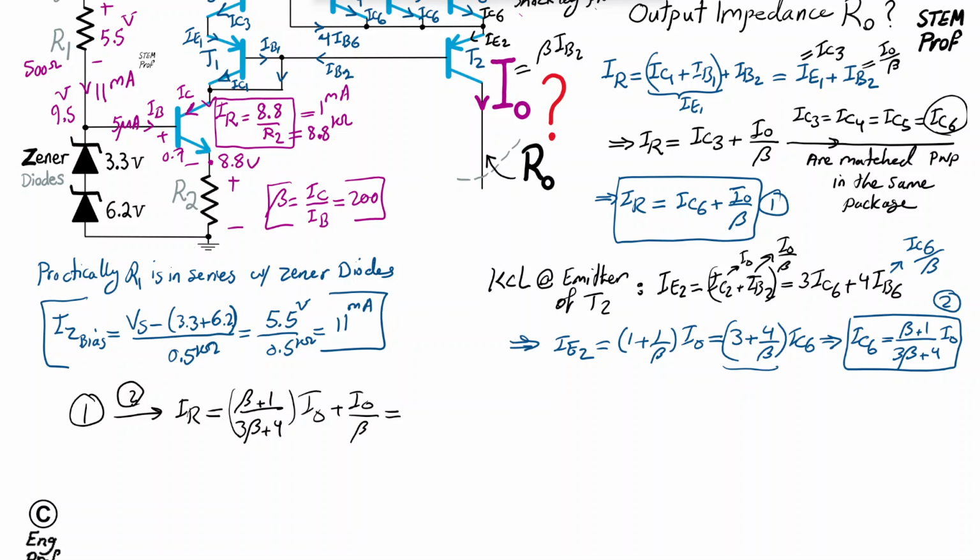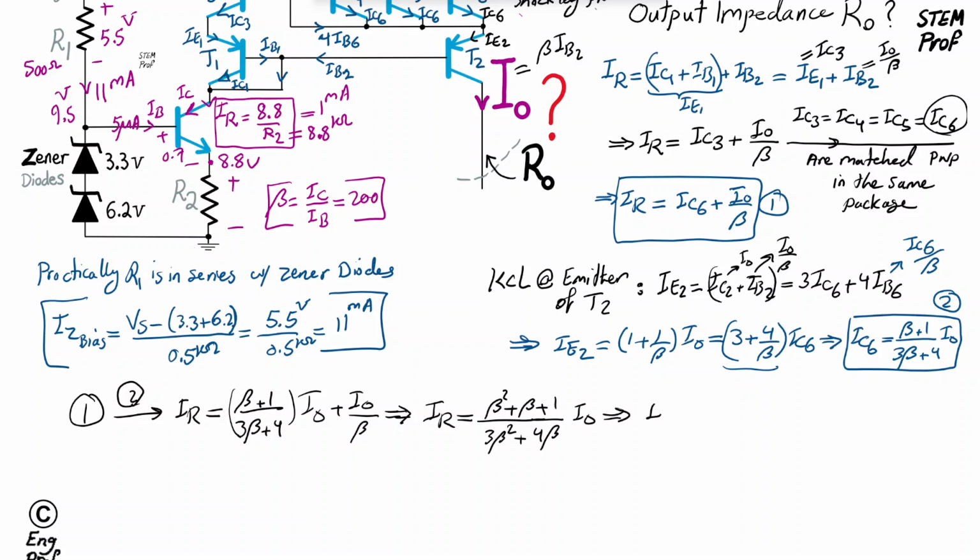So let's clean up, and it becomes I reference equal to, finally, we have (beta squared plus beta) divided by 3 beta. Let's just make sure I'm not missing something. Okay, so beta squared plus beta plus 1, and then we get 3 beta squared plus 4 beta, times I out.